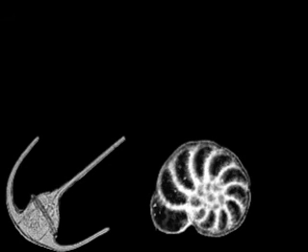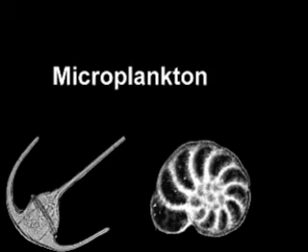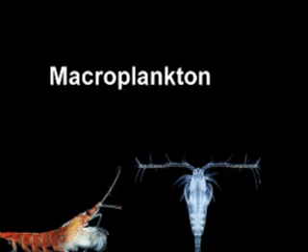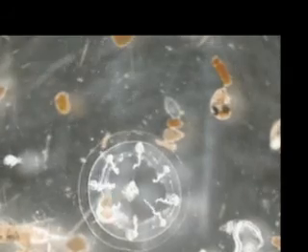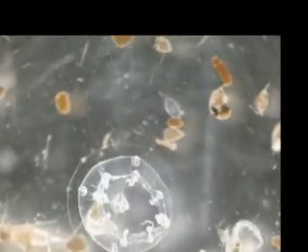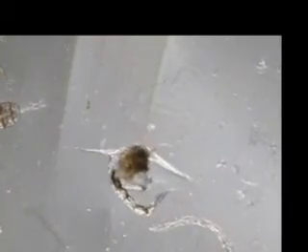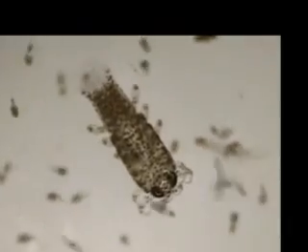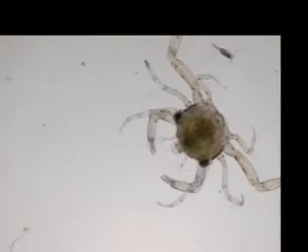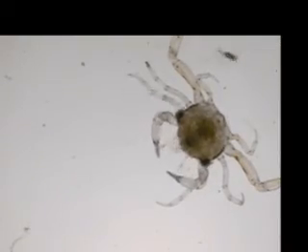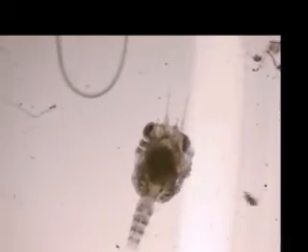Larger diatoms, dinoflagellates, foraminifera, and smaller zooplankton between 20 and 200 microns form the microplankton. Krill, adult copepods, small jellyfish or medusae, the larvae of invertebrates, and many other larger zooplankton measuring 200 to 2,000 microns, or 2 to 20 millimeters, are categorized as macroplankton.